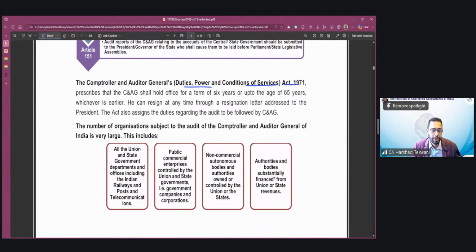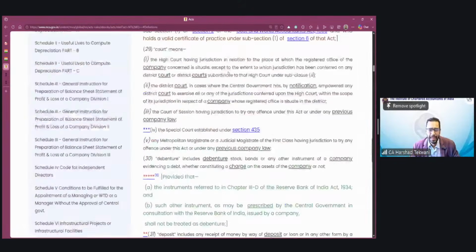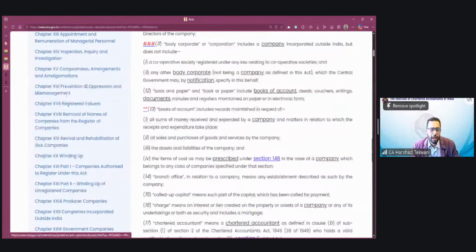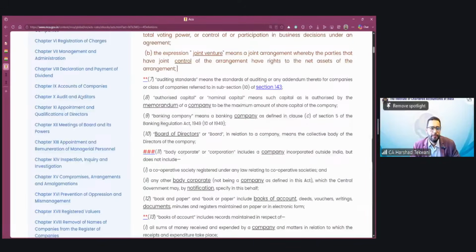So let's go to section 139 first, and let's understand how the appointment of the auditor in case of a government company is carried out.